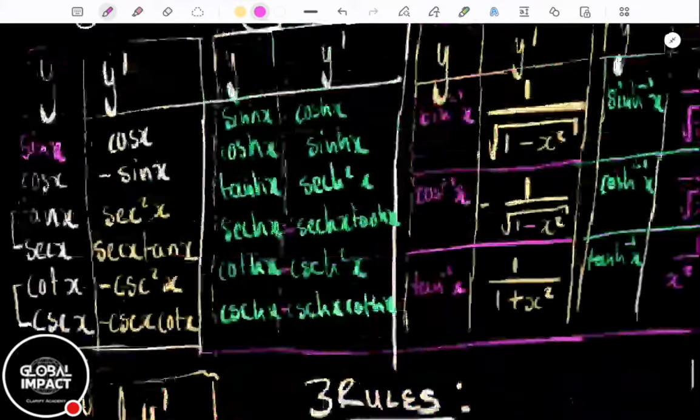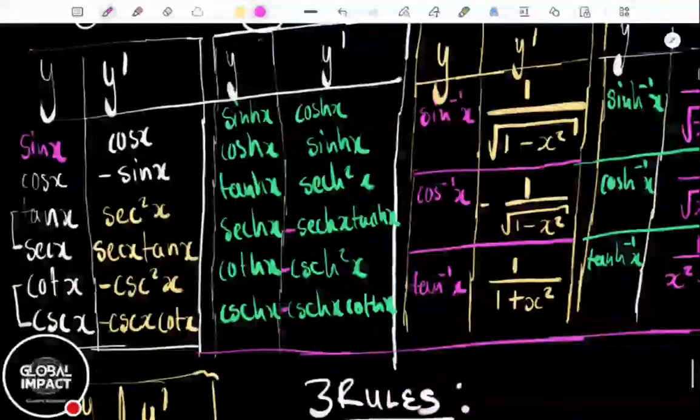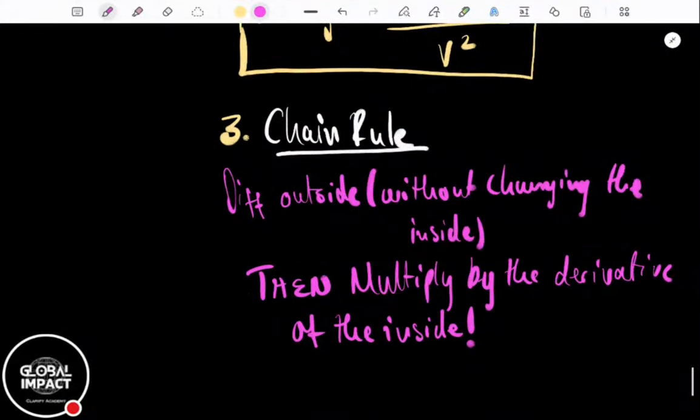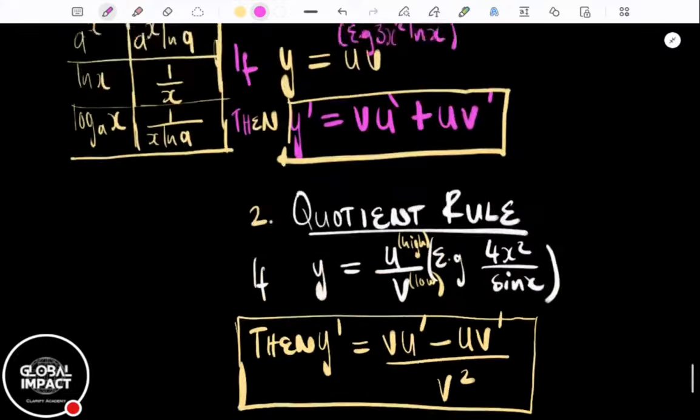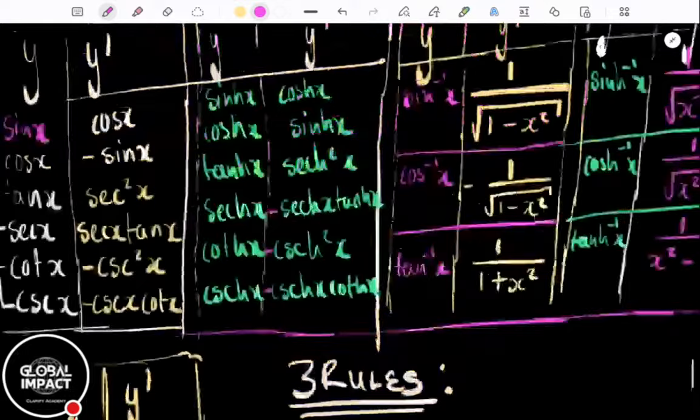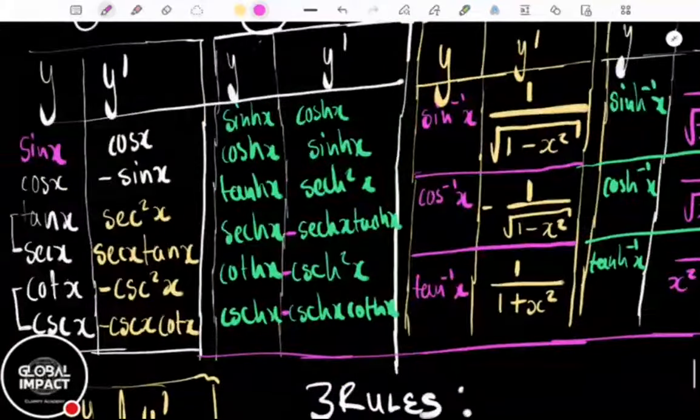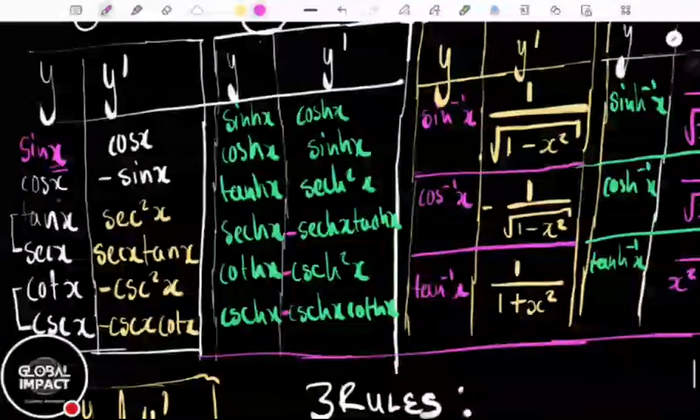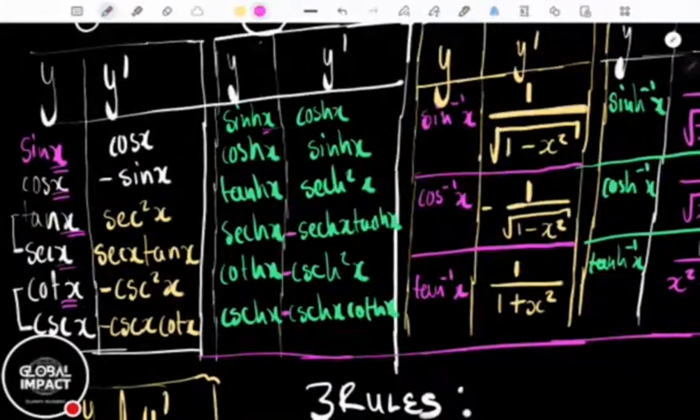Remember, the first thing I taught you is the table. You must know how to use the chain rule, because guess what? In the table, we do the functions themselves, but we do them when they are basic. We do sine x, cos x, tan x, sec of x, cot of x, sine hyperbolic of x, cos hyperbolic of x, sine inverse of x, cos inverse of x, tan inverse of x.